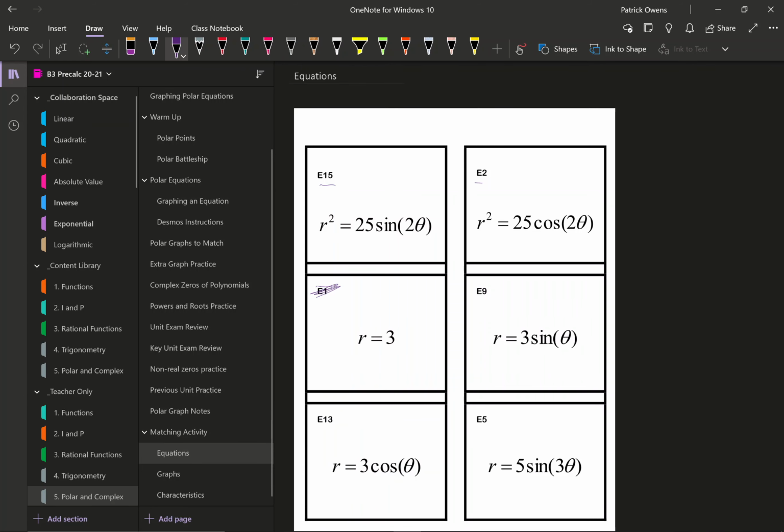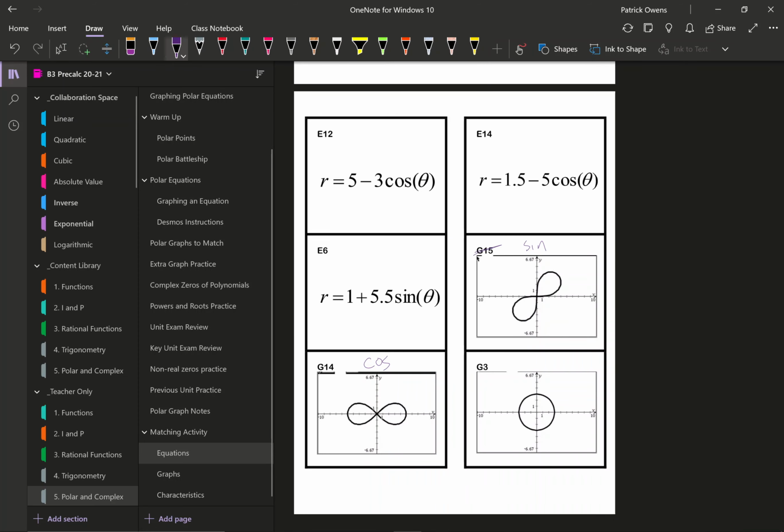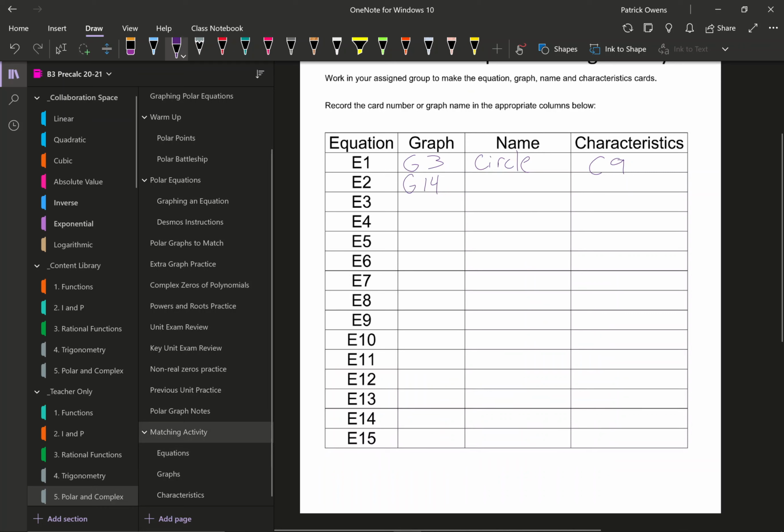And then E15 goes with G15. Okay, so we've used these 3. That's going to be helpful for not having to go back to those pages.